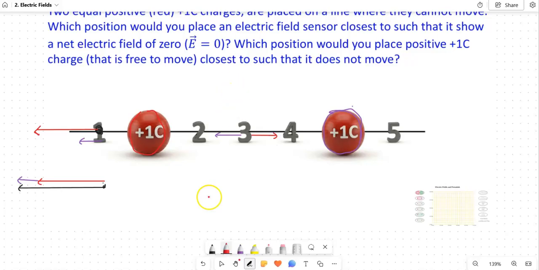When you add those two vectors together, it doesn't matter the order at which you do it, the red charge and then the purple charge, you're aligning them tip to tail. So the tip of the red charge's electric field is the tail of the purple charge's. Well, you started and ended at the same place. So the electric field is 0 right there.